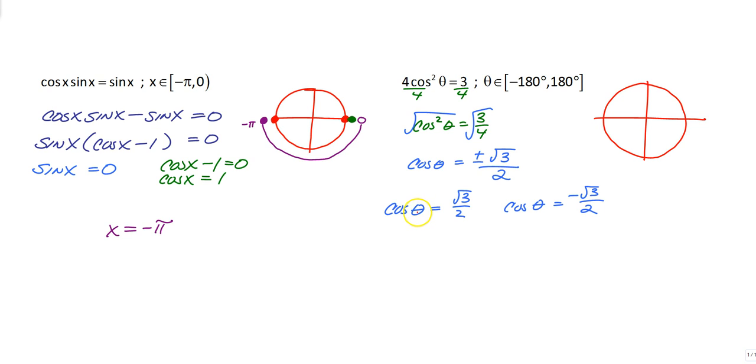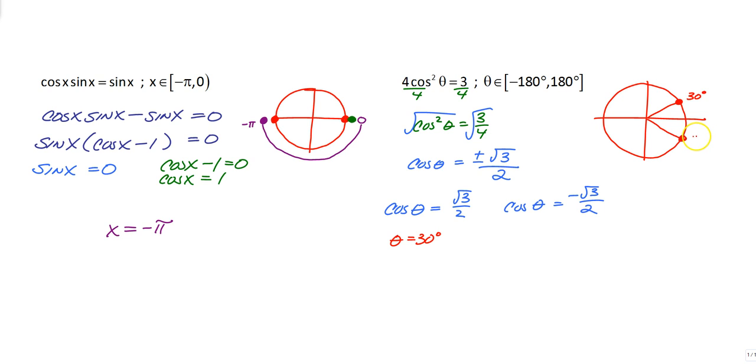So cosine of theta is equal to the square root of 3 over 2 when our x value is the square root of 3 over 2, which means our first answer for this guy is 30 degrees. But cosine is also positive over here because cosine is our x value, which in this case would be 330 degrees.